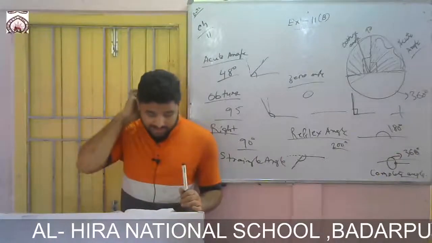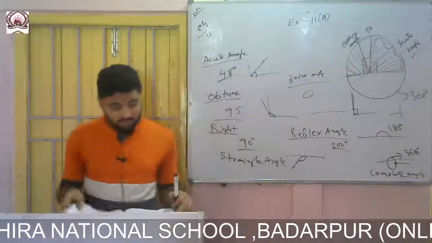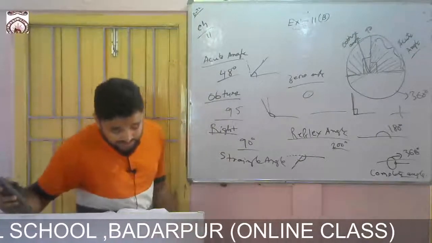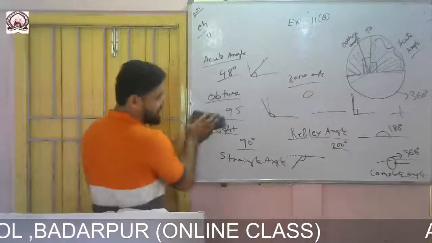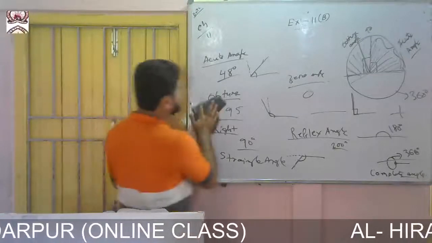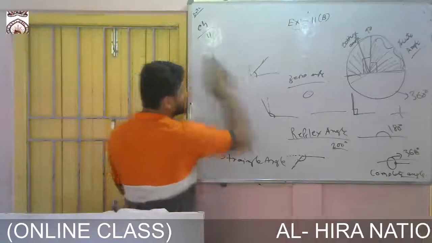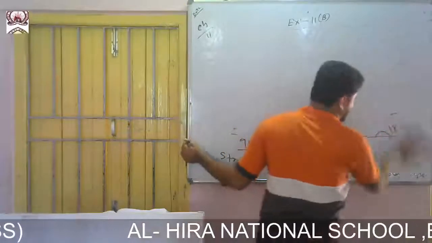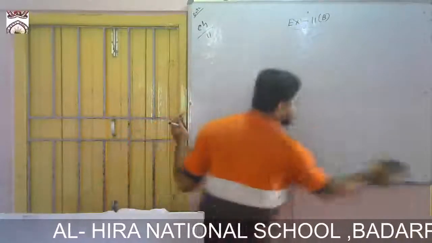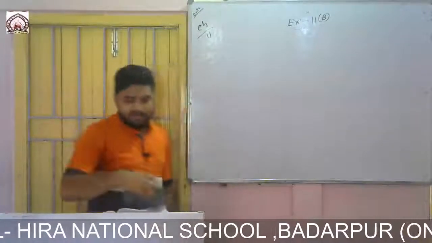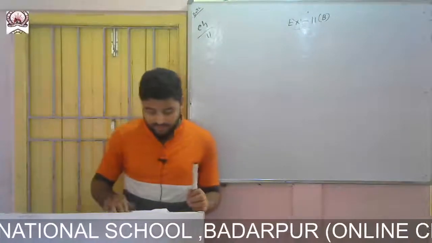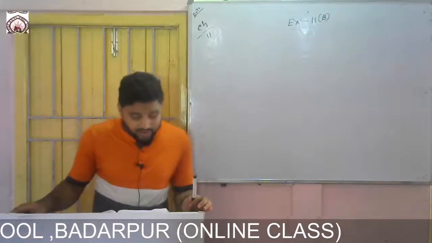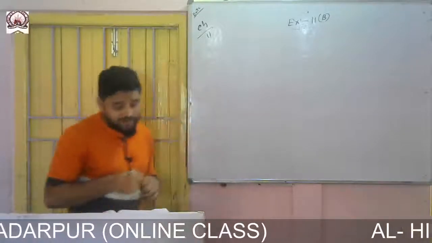Now let us move to the exercise. Exercise 11b: state the types of angles formed in the following pictures. First you see the picture. The first one is 0 degree.